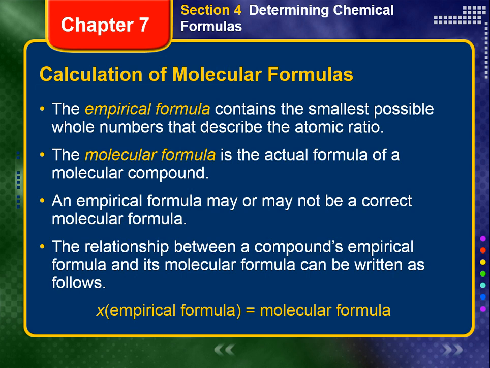Calculation of molecular formulas. An empirical formula may or may not be a correct molecular formula. For example, diborane's empirical formula is BH3. Any multiple of BH3, such as B2H6, B3H9, B4H12, and so on, represents the same ratio of boron atoms to hydrogen atoms.